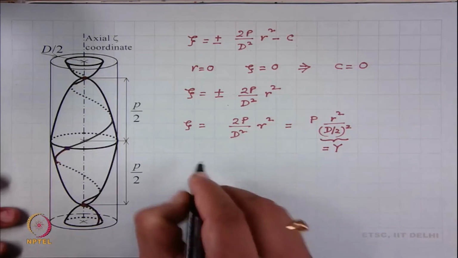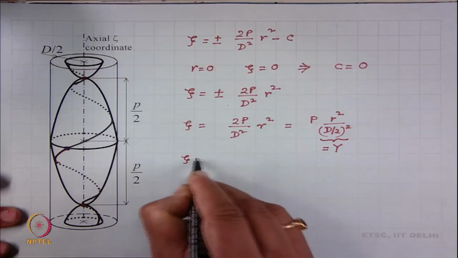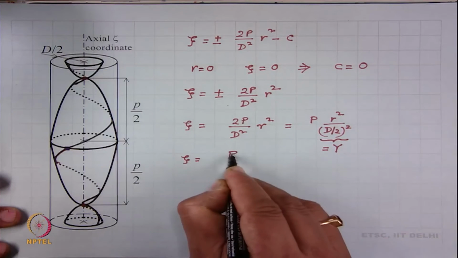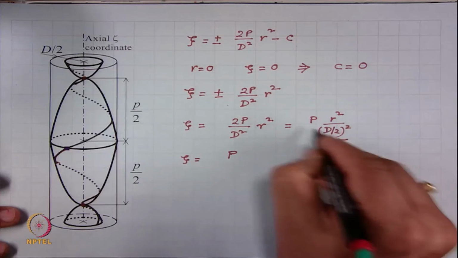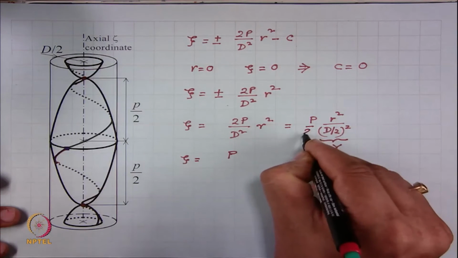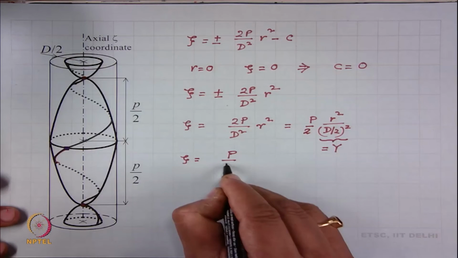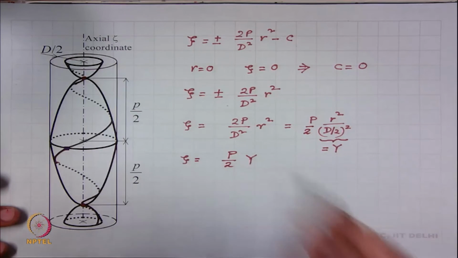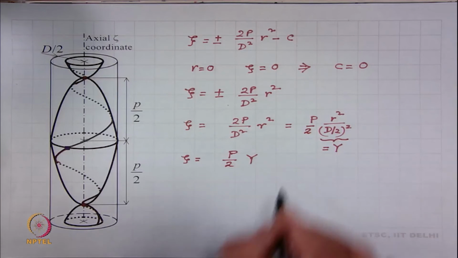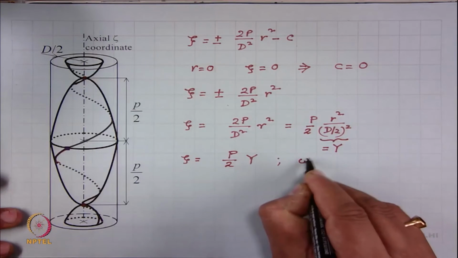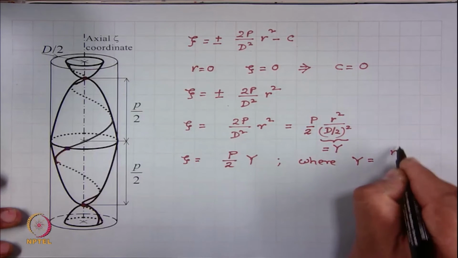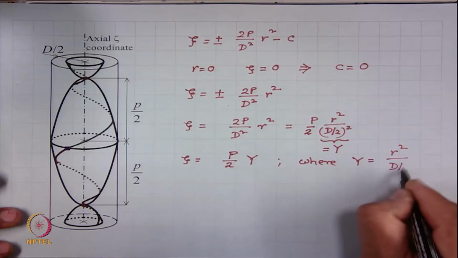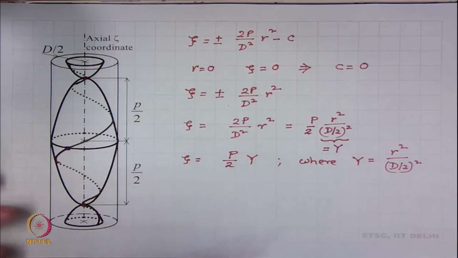So, then what do we find? Zeta is equal to p by 2 into y, where y is equal to r square by d by 2 square.